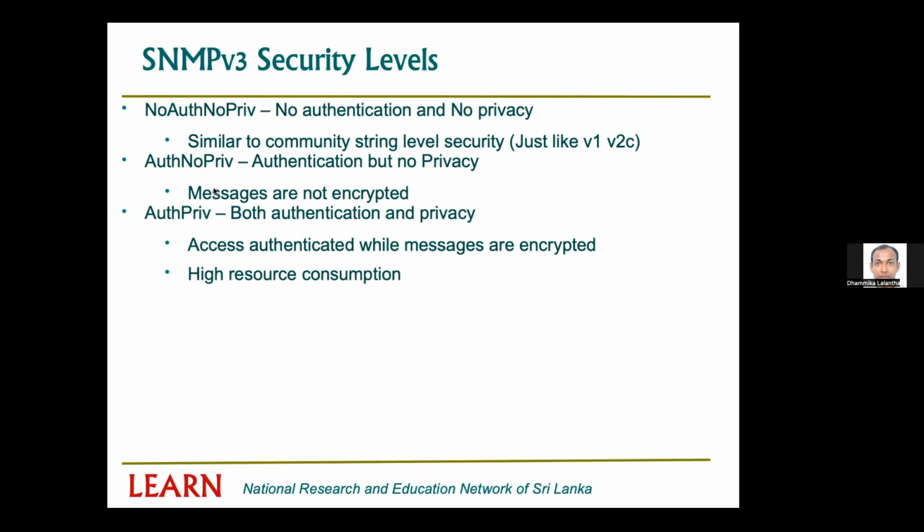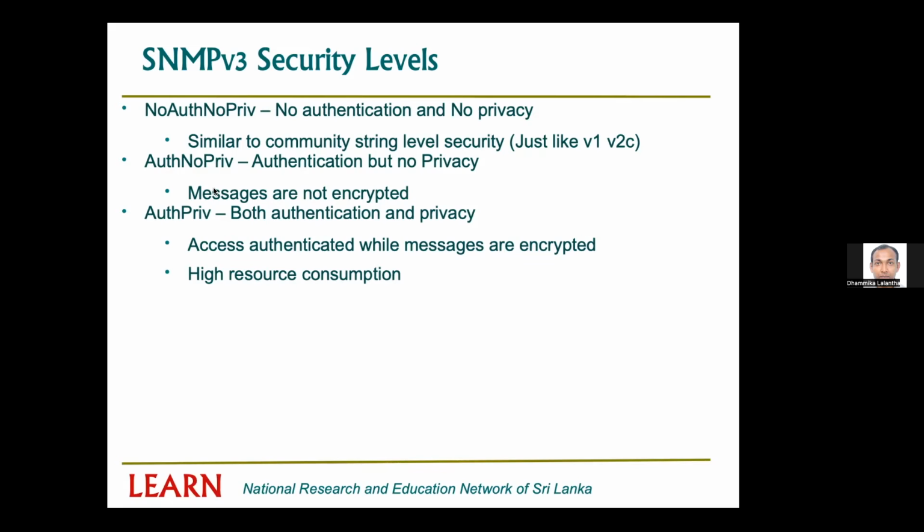These are the primary security levels supported by SNMP version 3. The first one is noAuthNoPriv. That means no authentication and no privacy. It does not have authentication, and it does not have privacy either.